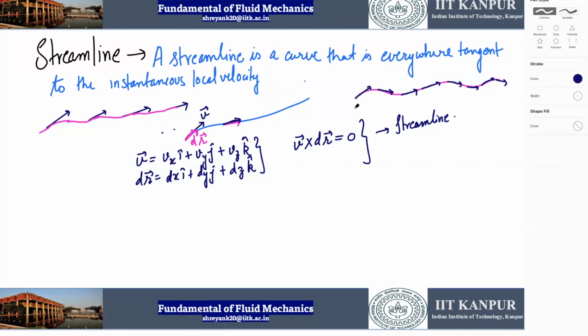So let's say, for example, a fluid is flowing like this in a channel, in a pipe flow. You may want to get the velocity profile to see how the velocity is evolving.